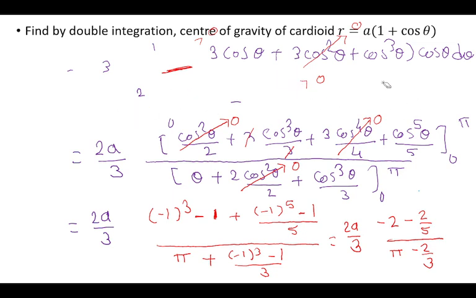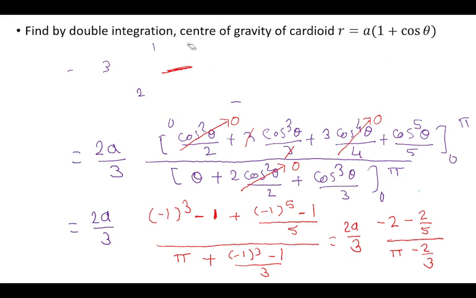So just erase the first step here. So x bar becomes this 2a by 3 as it is. This cross multiply: minus 5 minus 10, minus 12 by 5, divided by 3 pi minus 2 upon 3.